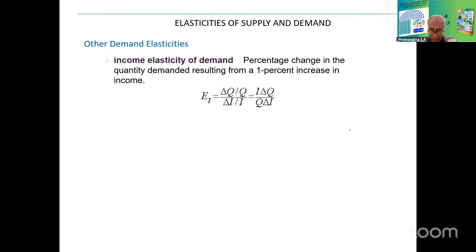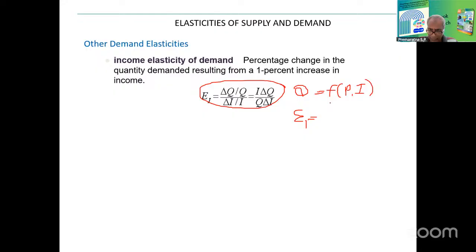Another important thing we discuss is the elasticity related to income. One of the main determinants of demand after the price is the level of income. In the same way, we can measure the income elasticity, like I explained before.